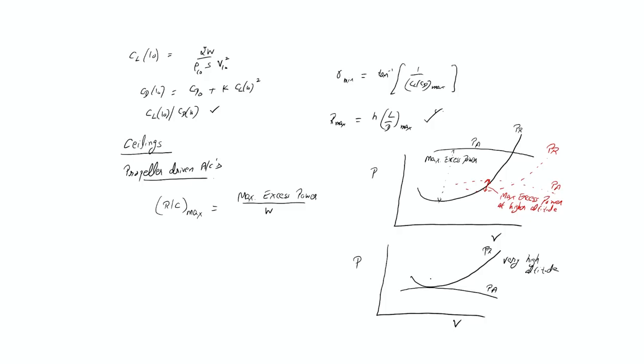Fine. So there will be a certain altitude at which rate of climb, in fact maximum rate of climb, will be equal to 0. Since there is no excess power, the power available curve becomes tangent to the power required curve.